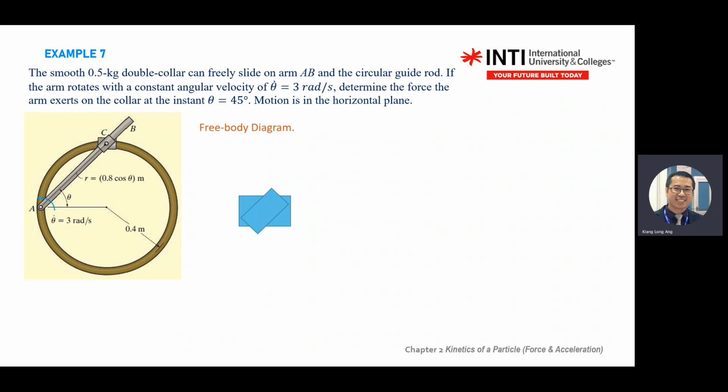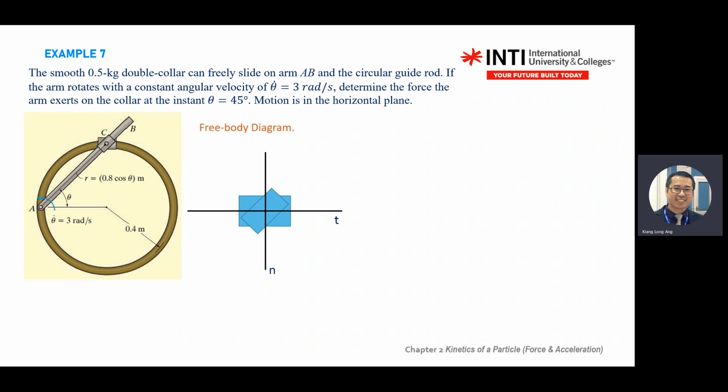Again, you have two shapes there: one is the horizontal rectangle, one is the slanted rectangle. The question asks you to focus on the force the arm exerts on the collar, which means the force of this arm acting on the horizontal collar. So you draw normal and tangent. You should understand why normal is pointing in.